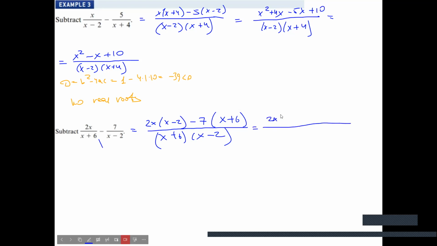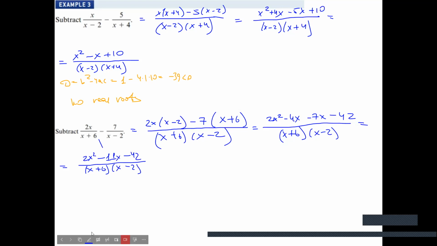So what I have, 2x squared minus 4x minus 7x minus 42, right? Over x plus 6, x minus 2. Now, 2x squared minus 11x minus 42.